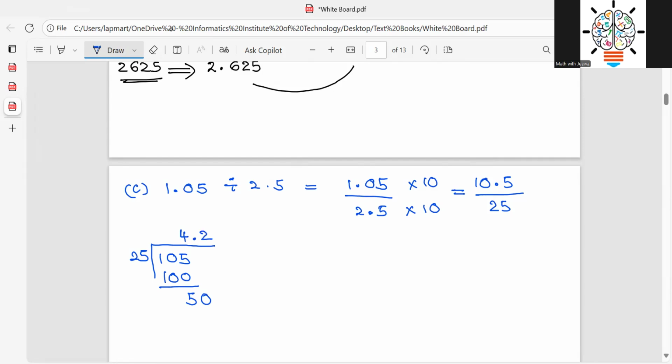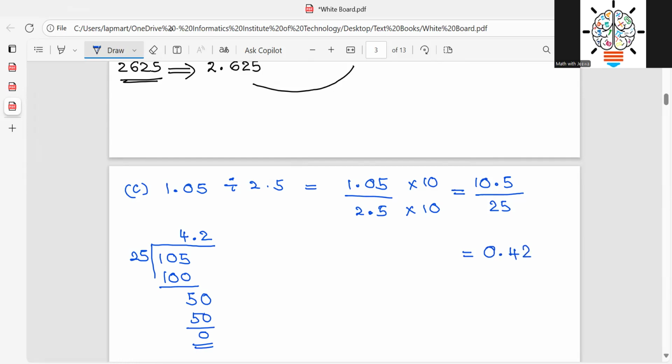So 25 times 2, 50 and 0. Children, you get the answer 4.2 when you divide 105 by 25. But here I don't have 105. Instead, I have 10.5. So then there should be one more decimal. My final answer will be 0.42.